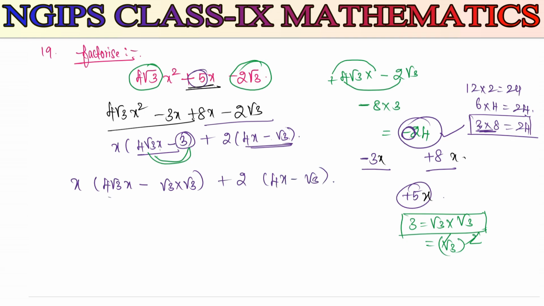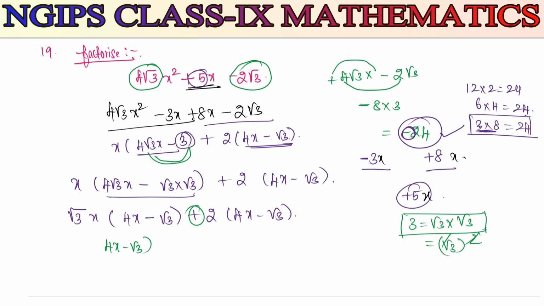Okay, now from these two terms I can take root 3 common. So root 3x, the leftover here is 4x, we took 1 root 3, the leftover is 1 root 3, plus 2 into 4x minus root 3. Now here we have two terms. In both the terms we have 4x minus root 3 common. So the leftover, the quotient we have to write. Here we have root 3x and here it is 2.